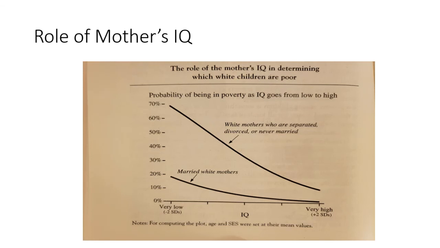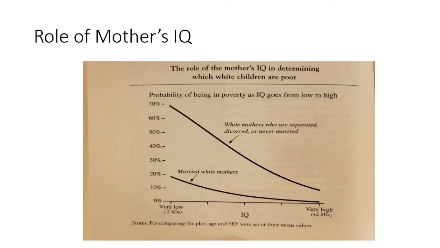And right away, you can see the difference between the married and unmarried mothers. Married white mothers, substantial. Even if they were very low IQ, two standard deviations below the mean, right around 20% chance of the child being in poverty. All right, which is still high.